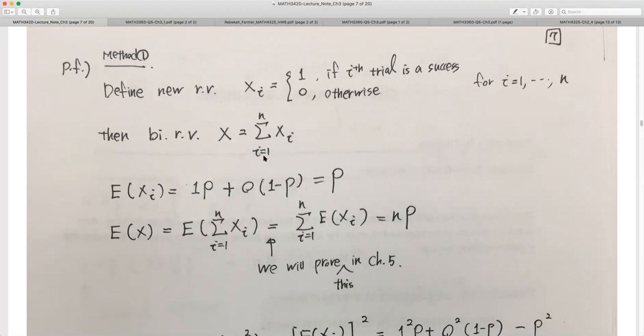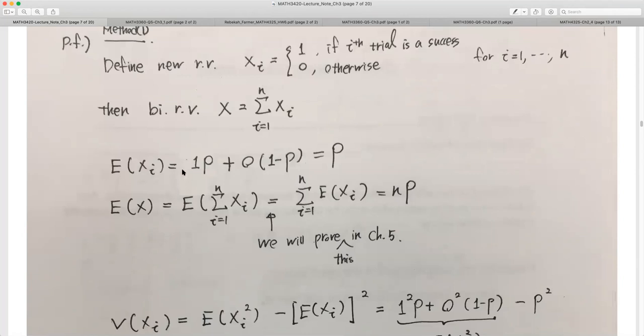It makes sense, right? You need to fully understand what x sub i means. What's the relationship between the binomial random variable x and x sub i? For each trial, we define a new random variable: x sub 1, x sub 2, x sub 3, through x sub n. Each x sub i has two possible values, 1 or 0.